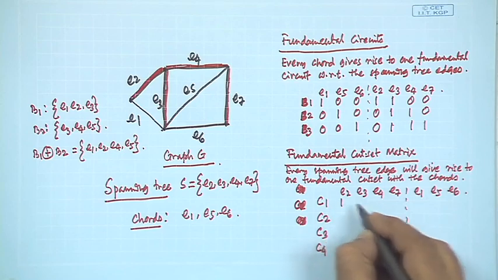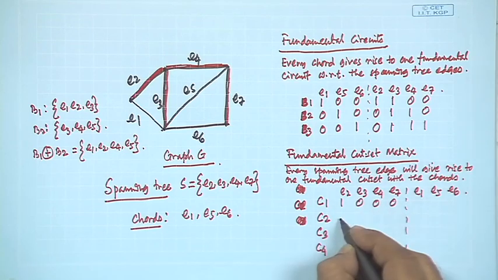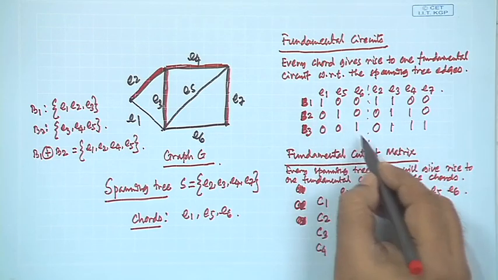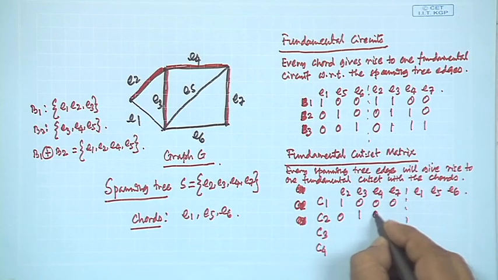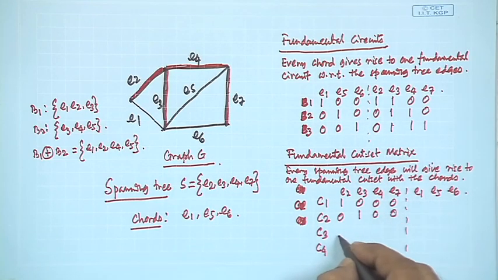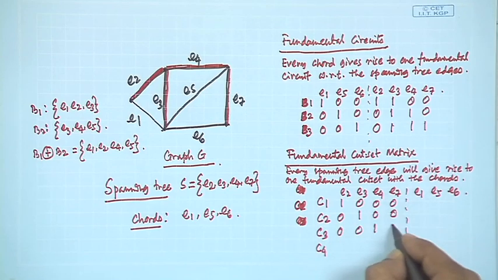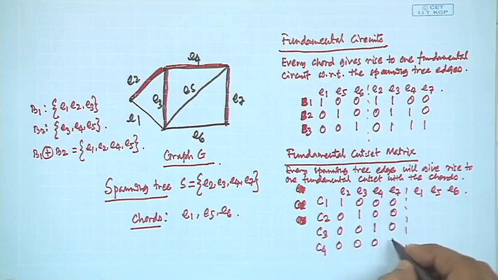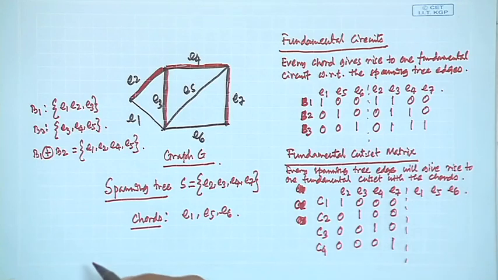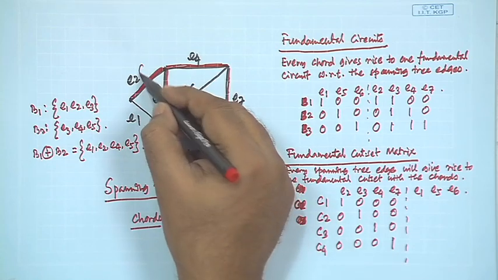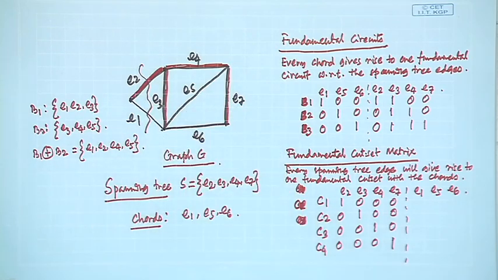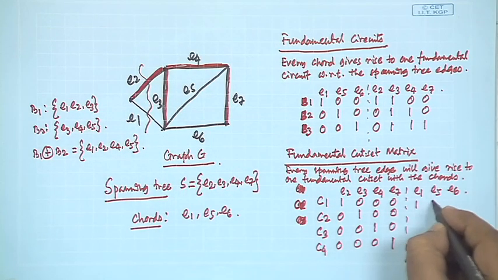So, again take the unity matrix with regard to, see earlier we took unity matrix with regard to the chords, now we are taking unity matrix with regard to the spanning tree edges, right. Now look here, if you take E2, then this is our cut set, that means you will take E1.